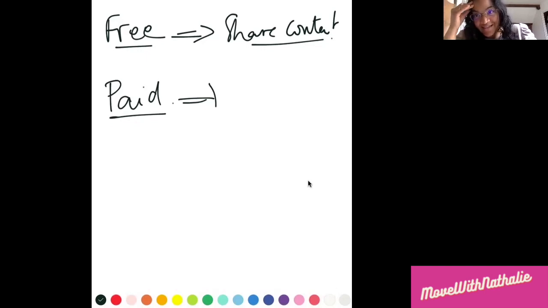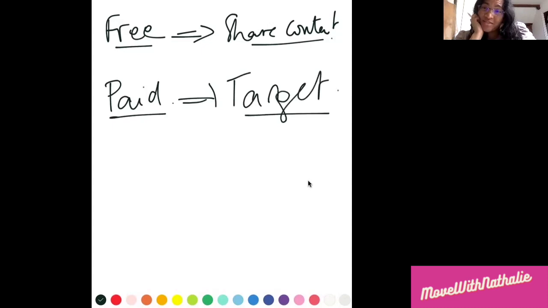What's interesting in the algorithm is that it helps you to be in touch with the right person at the right time. That's what I really like with the paid version. You have a target, and you can touch people that really need you at that time of their life. So it's really interesting to use both.